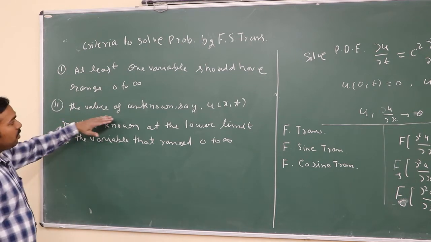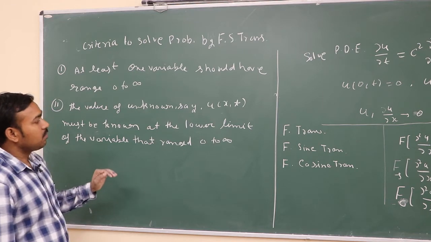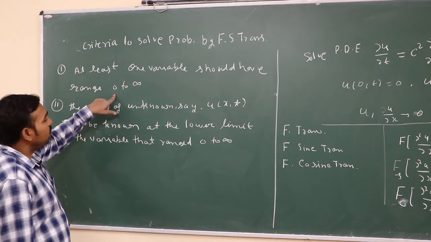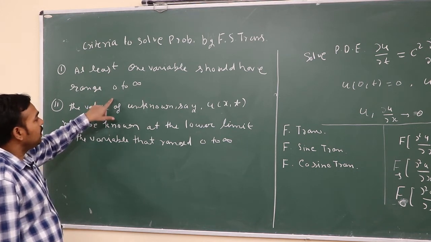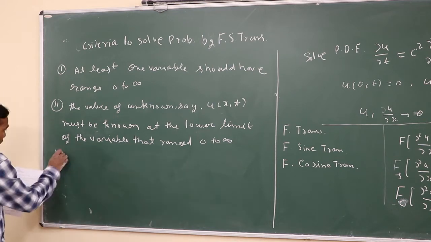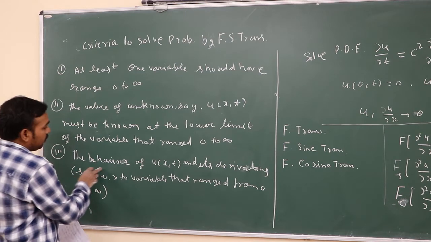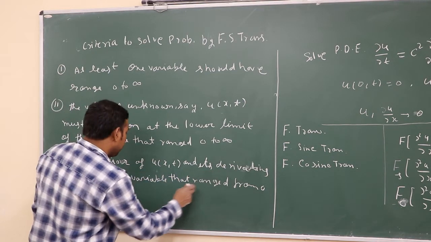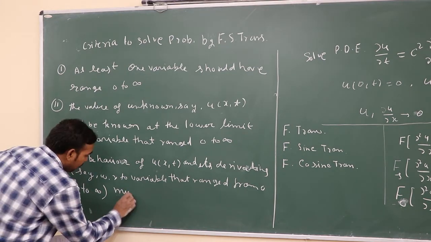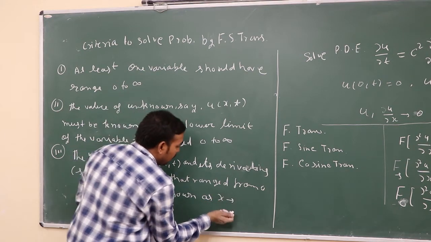And second is the value of the unknown, say u(x,t): u is unknown, and it must be known at the lower end, where the variable ranges from 0 to infinity, so u(0,t) or u(x,0) must be given. Third is the behavior of the unknown u(x,t) and its derivative, with respect to the variable that ranges from 0 to infinity, which must be known as x goes to infinity.